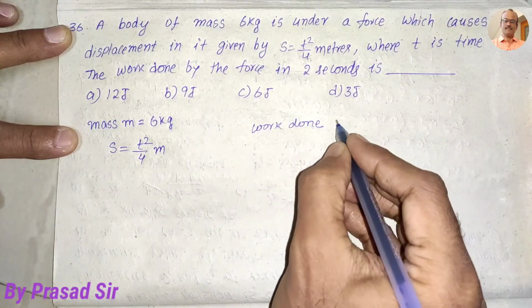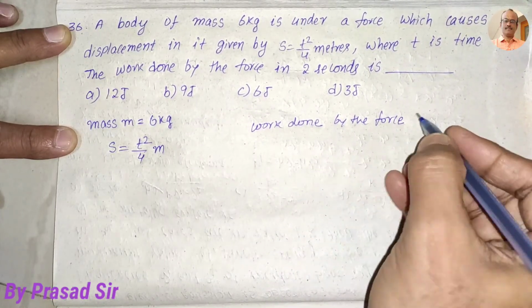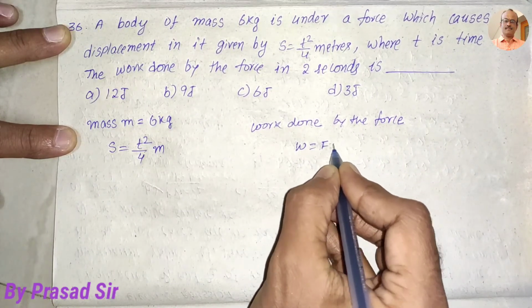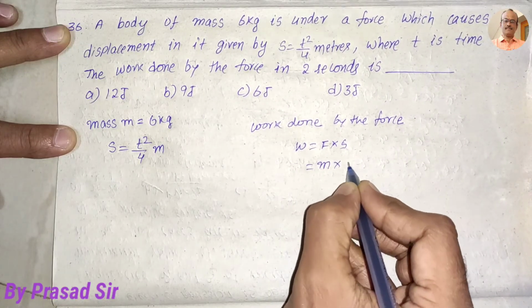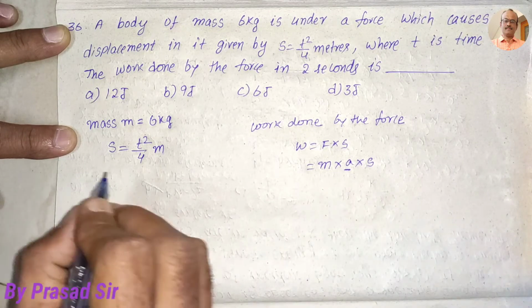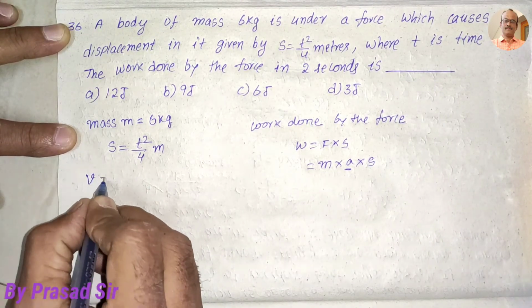Work done by the force, that is work done is equal to force into displacement. Force means mass into acceleration into displacement, but here acceleration is required. Here displacement is given. So after displacement, which one will we calculate?